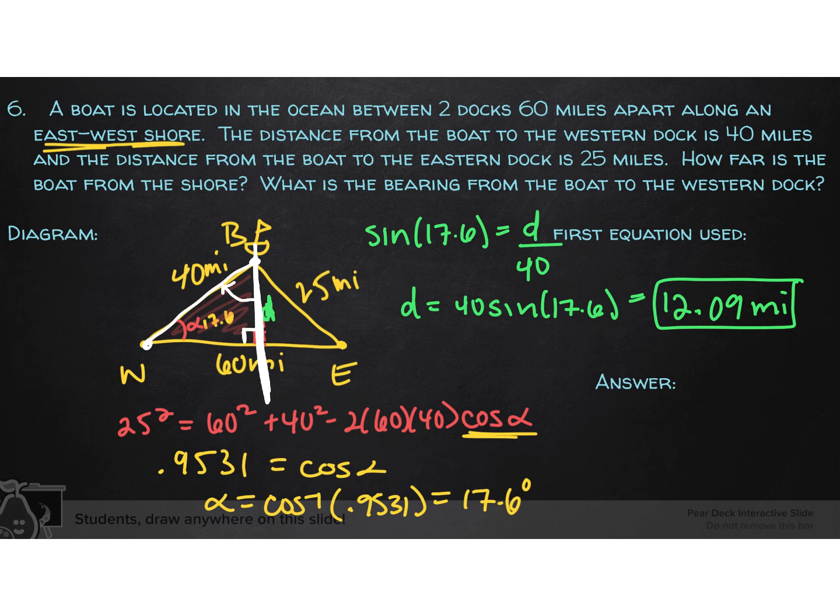So if we just do 90 minus 17.6, that gives us 72.4. So the bearing would be south and west. And then from south, you're rotating out 72.4 degrees would be the bearing. Okay, so distance, bearing.